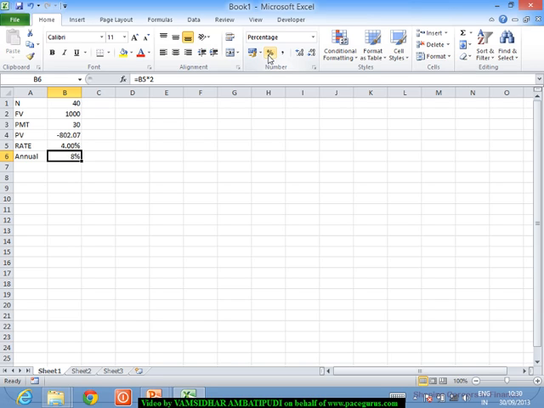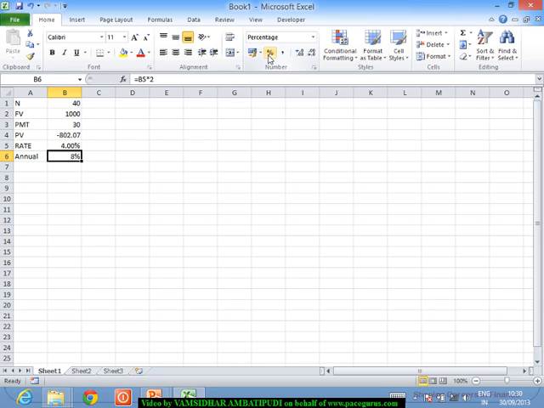So the YTM for the bond is around 8%, which means if I hold the bond until maturity, for this entire 20-year period, I am getting a return of around 8% per year.